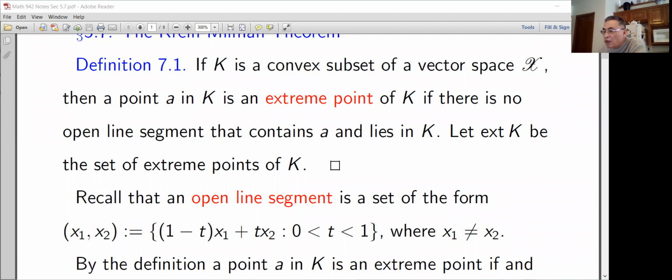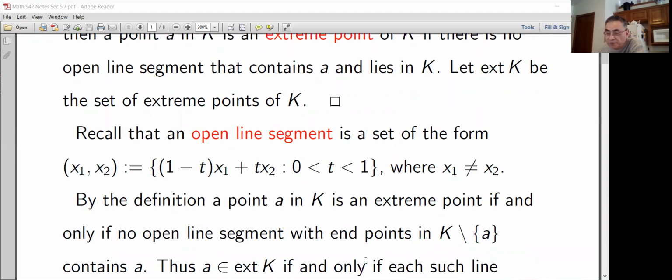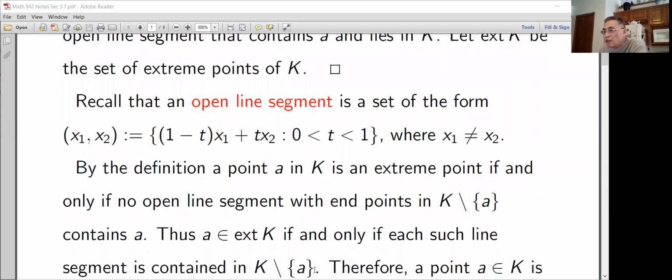So by the definition, a point A in K is an extreme point if and only if no open line segment with endpoints in K minus A contains A. Thus, A is in ext K if and only if each such line segment is contained in K but does not contain A, so it's contained in K minus A. This is saying that this set is convex.